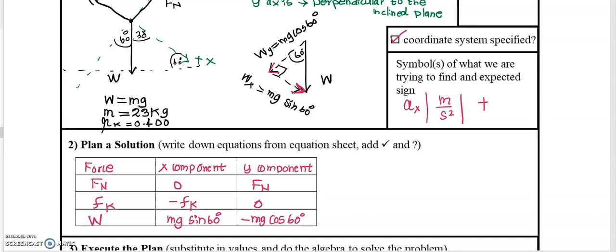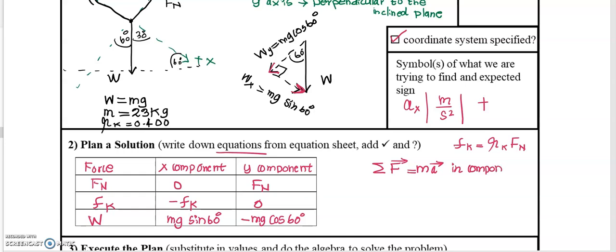Now let's identify the equations. We are going to use this equation for the kinetic friction. Kinetic friction is equal to the coefficient of kinetic friction times the normal force. And the net force acting on the object is equal to mass times acceleration. This is Newton's second law.